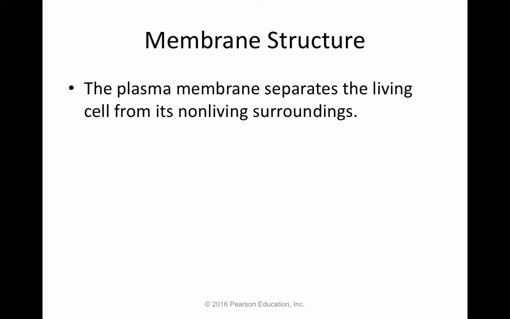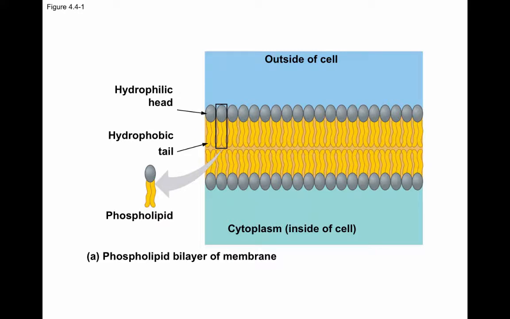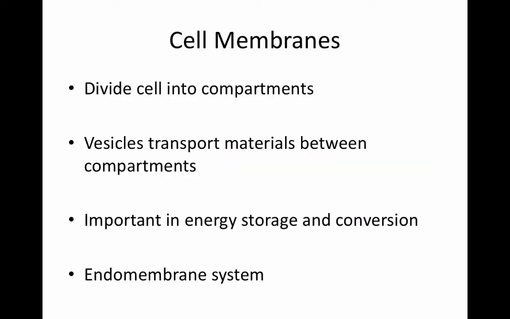So the membrane structure, the plasma membrane is important because it helps to separate the living cell from non-living surroundings. And so when we go over, you've learned about lipids, specifically phospholipids. And so essentially the lipids arrange in what's called this bilayer.